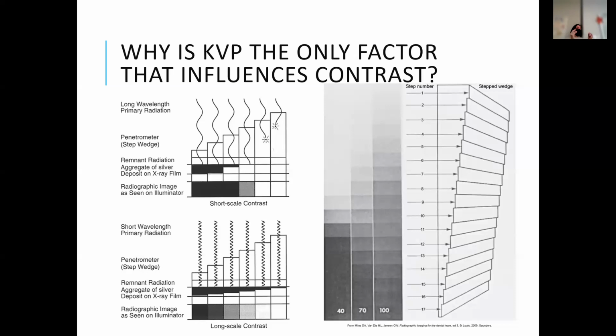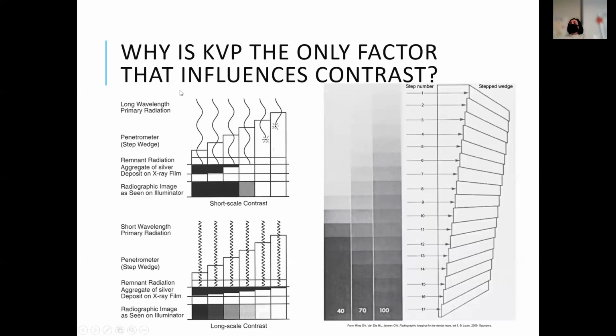But everything else that builds up in physical density, like your enamels, is just going to be white with very little variation in gray to help you diagnose it, because it's not powerful enough to get through it and give a diagnostic image on the other side. So you're just going to end up with black and white.